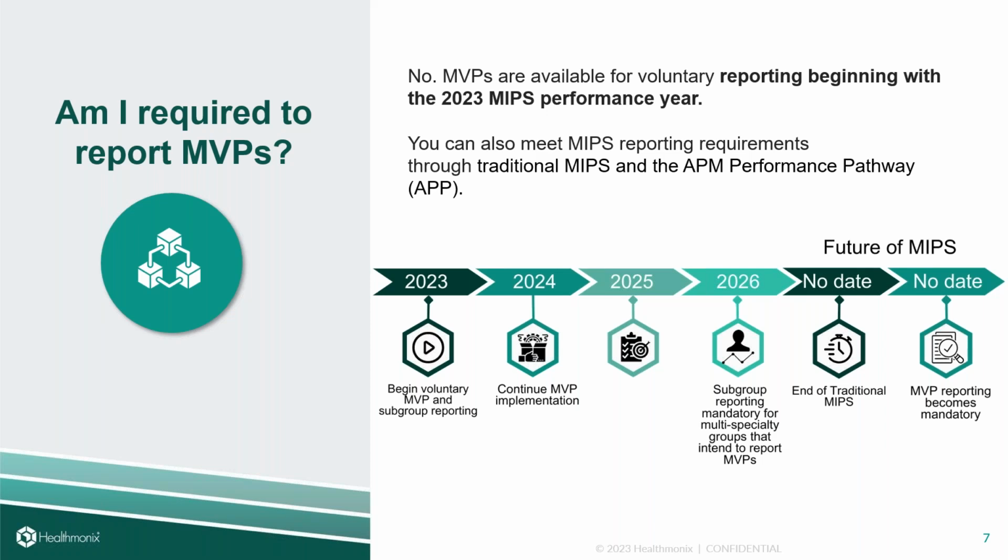That's really where they're going, and a lot of the focus is on getting providers to report the specific measures and activities that are most relevant to their specialty. And in particular, they've seen the issue with multi-specialty groups.